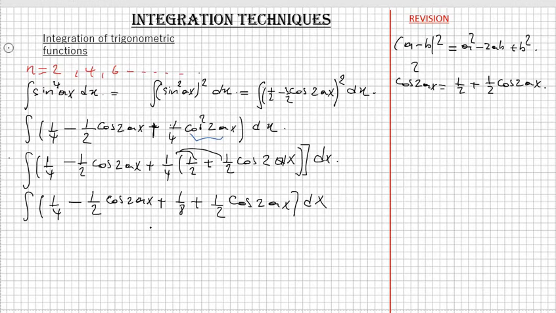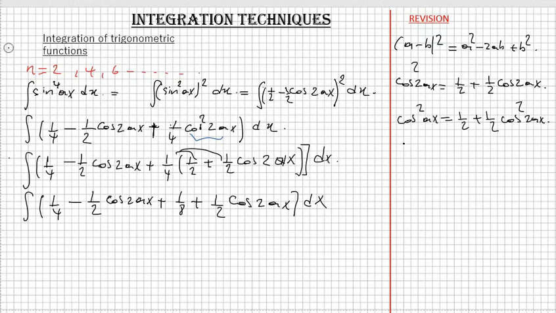So I noticed that I have some like term. So here we actually need to have 4ax, because remember that I'm still applying this another identity laws. So if I say cos square ax is equal to half plus half cos 2ax squared.